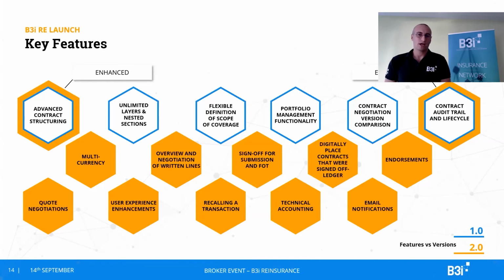Of course, any user wants to have the flexibility of fixing a mistake, and we developed a specific feature that allows the broker, in case they have mistakenly sent a request to quote to a wrong reinsurer, to recall the transaction and to avoid that the reinsurer can actually respond to that, or even to remove the reinsurer from the panel of participants of the treaty in order to ensure that that reinsurer does not receive any update on the public data that is part of the treaty, which is the same data for all the reinsurers that participate.